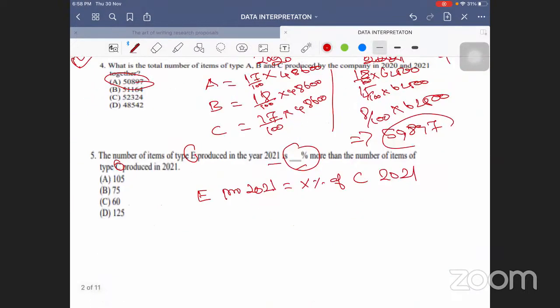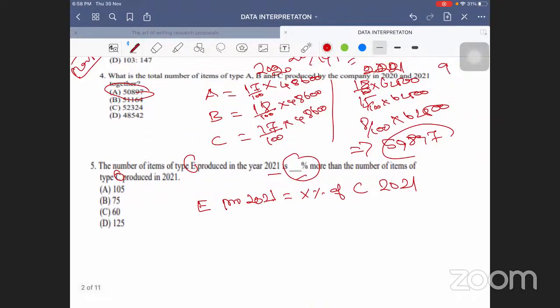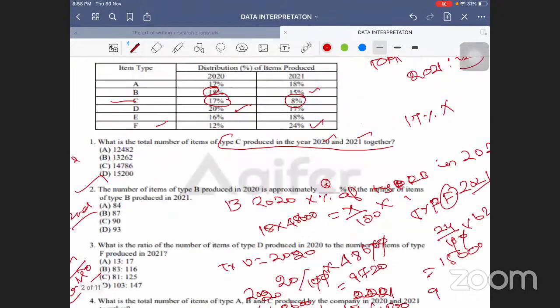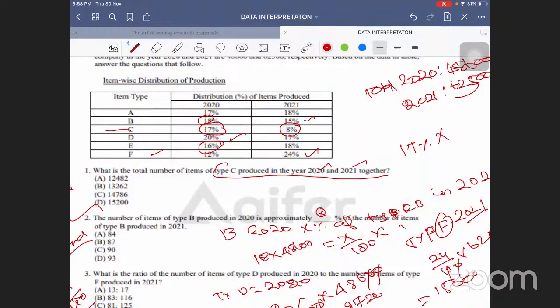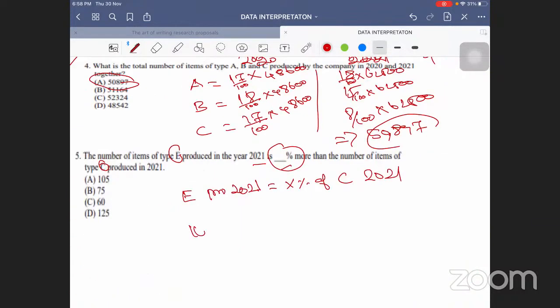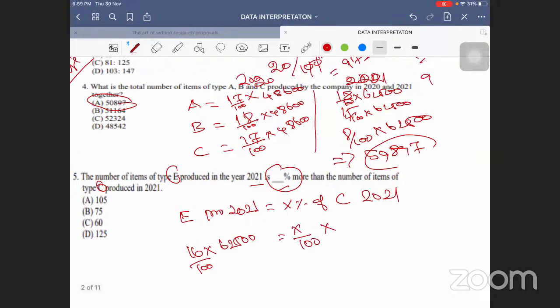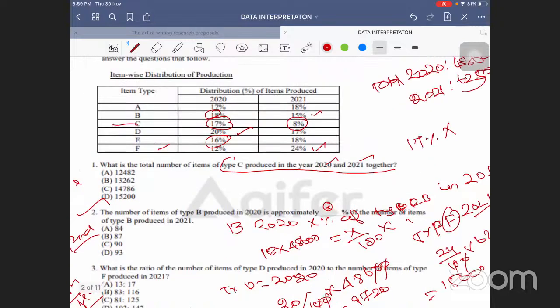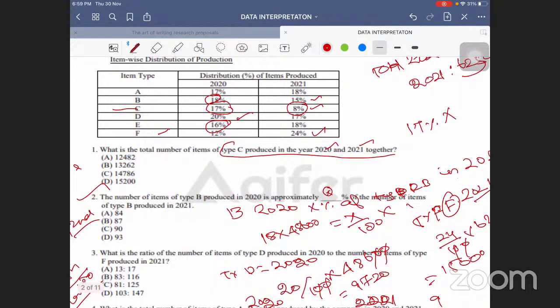So E percentage in 2021 was 16%. So 16 by 100 into the 2021 total production, 6,250. X percentage is X by 100 into C. The C percentage in 2021 is 8%.